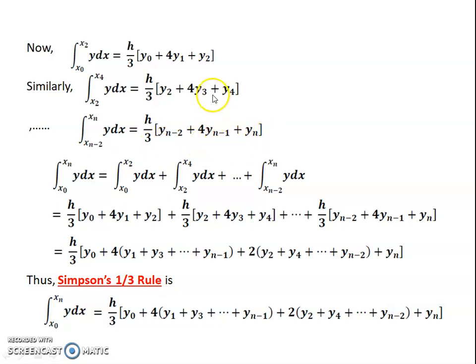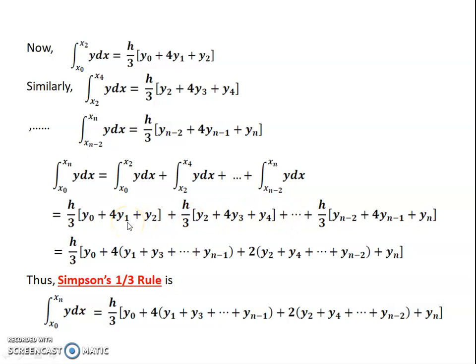If we sum all these integrals, we have integration x0 to xn y dx as h by 3 times y0 plus 4y1 plus y2, plus h by 3 times y2 plus 4y3 plus y4, and like this. Here we can see that we can take h by 3 common, and y0 appears only once in the entire expression.